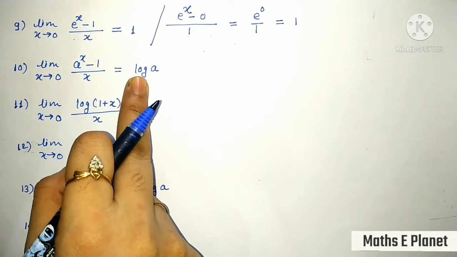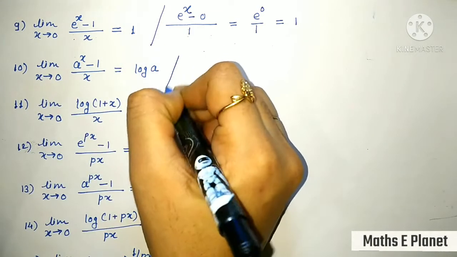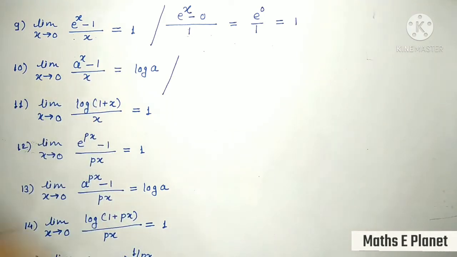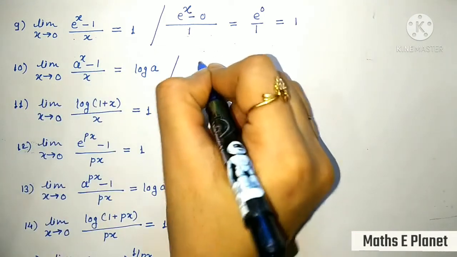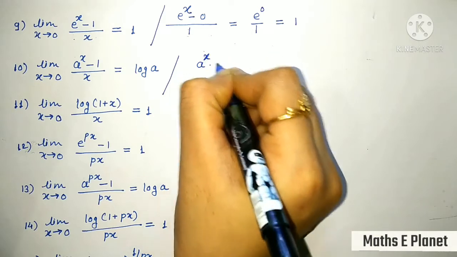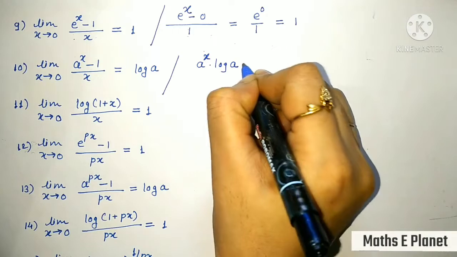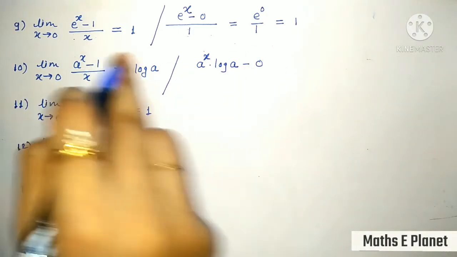Now come to the next formula. Take the derivative of this and this separately. The derivative of a raised to x is a raised to x into log a, minus the derivative of 1 which is 0.